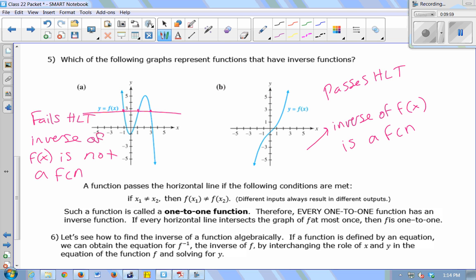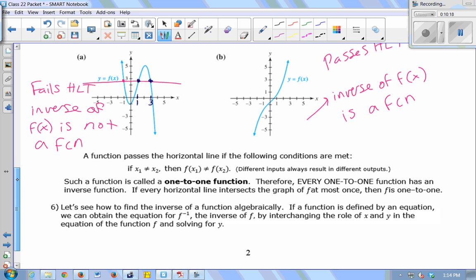So if we look at this picture, so this looks like 1 and 3, right? Those are two different x values, but their y value is the same, right? So that's what makes it fail HLT.